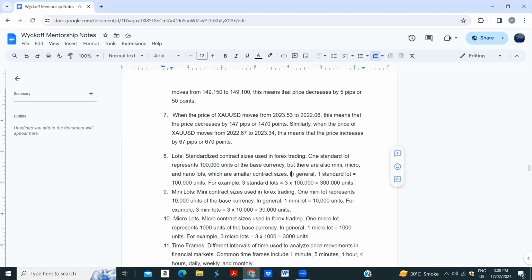In general, one standard lot is equal to 100,000 units. For example, three standard lots is equal to 300,000 units. So I'm going to explain on a whiteboard so that you get a clear idea.